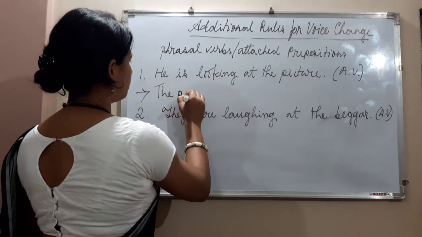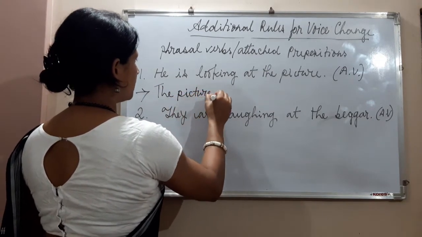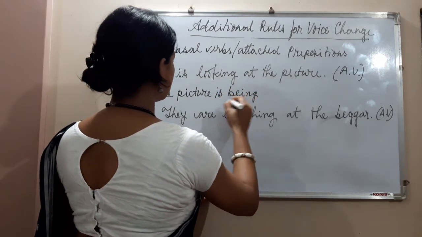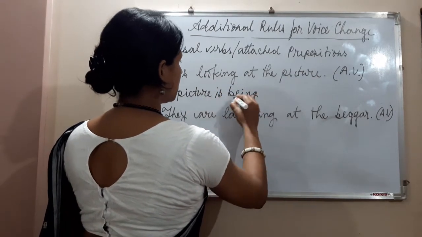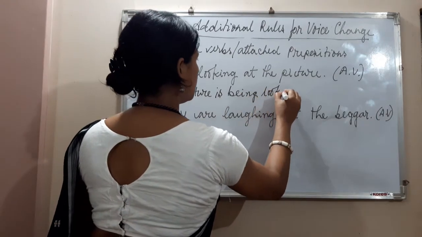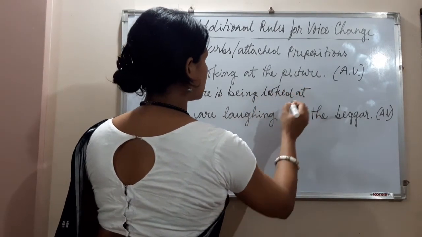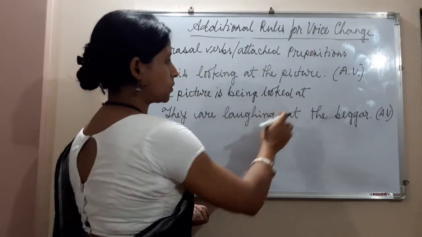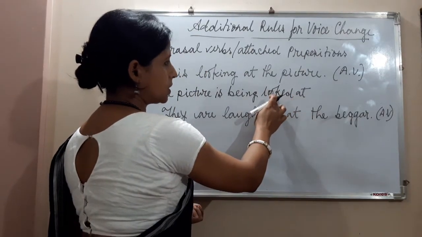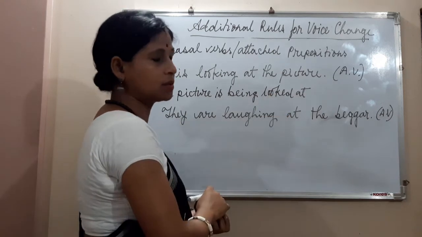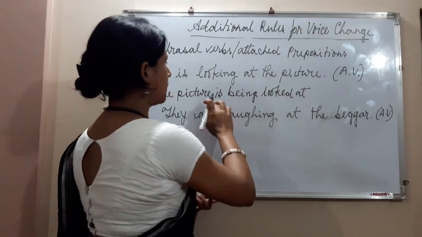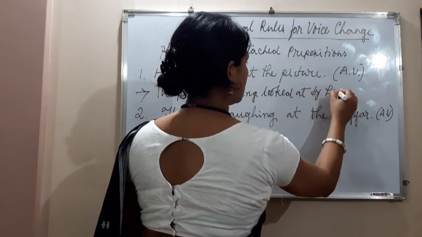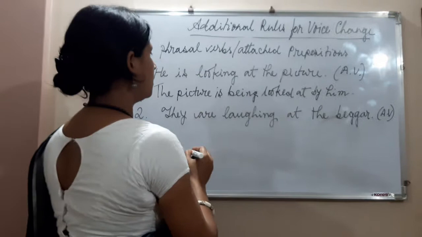The picture is being, if you remember, this is present continuous tense, is being looked at. That is what I want to show. Look at. This preposition is always attached to this verb, and we cannot remove it or separate it. The picture is being looked at by him. This is the passive form.